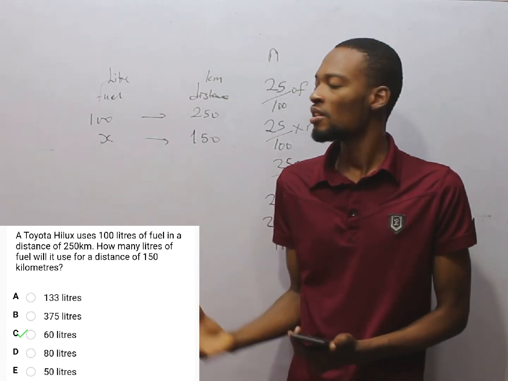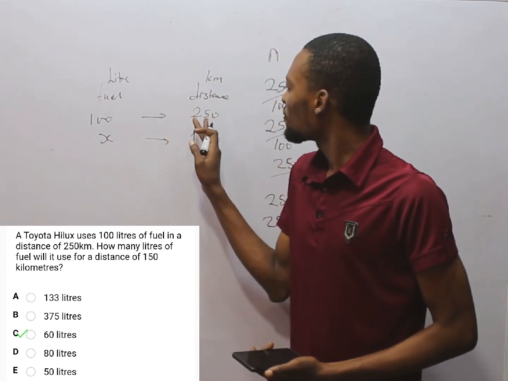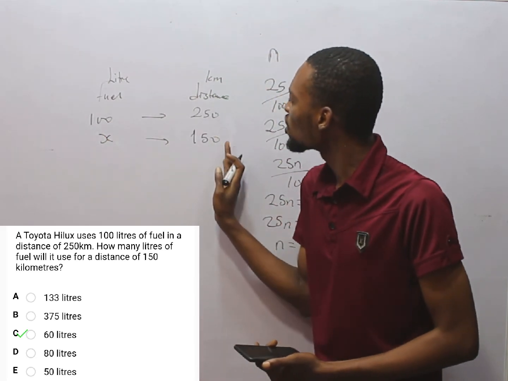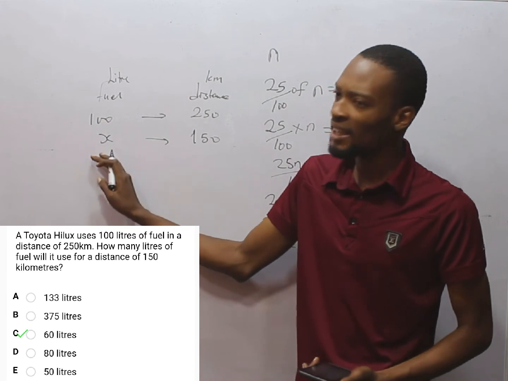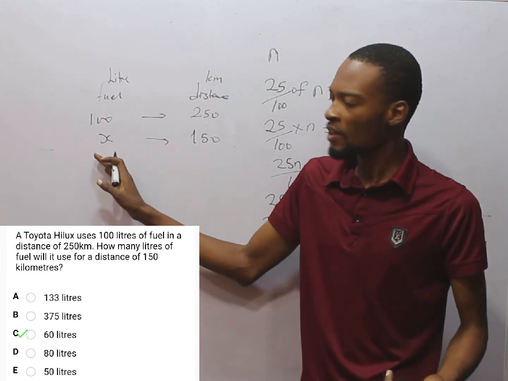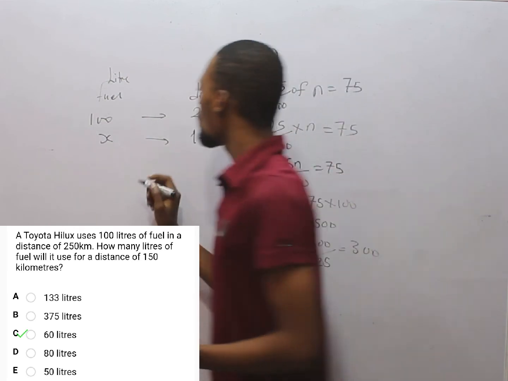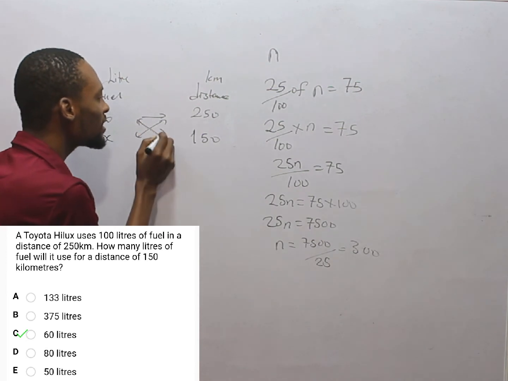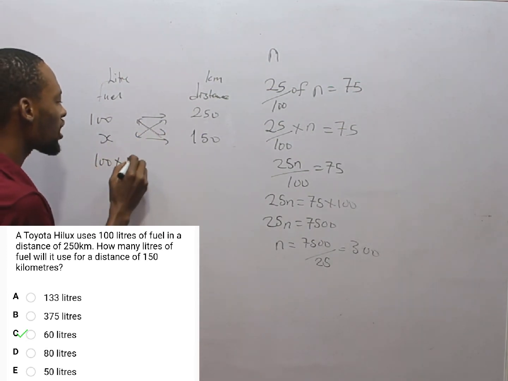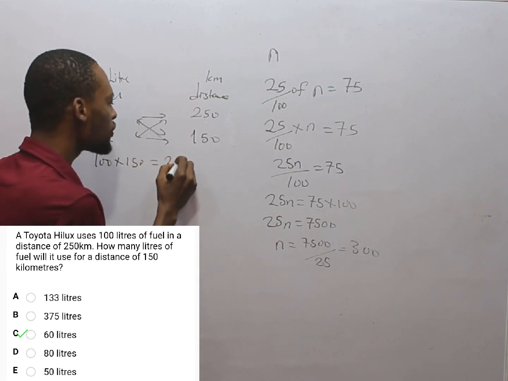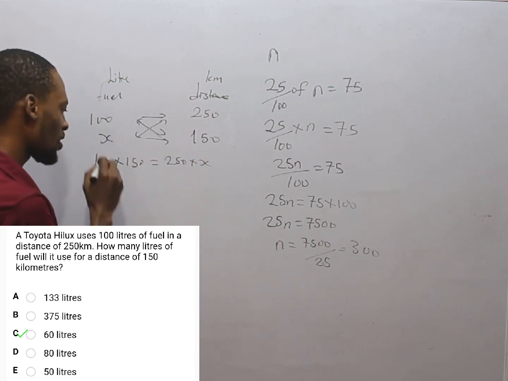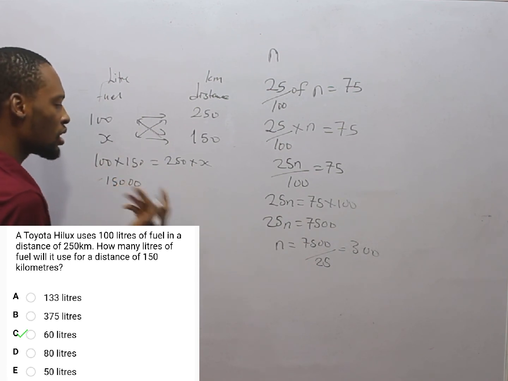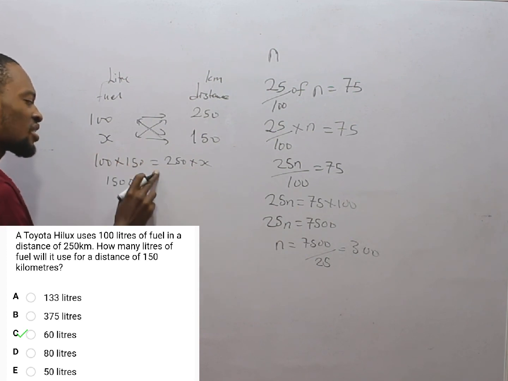It's analysis. Look at it. 250 kilometers required 100 liters. Now they are saying, what does 150 kilometers require? How many liters of fuel? Let it be S, since we don't know. Once you cross multiply this, you simply say that 100 times 150 is equal to 250 times S. 100 times 150 is 15000. Remember, when I'm multiplying by 100, you just add 2 zeros.